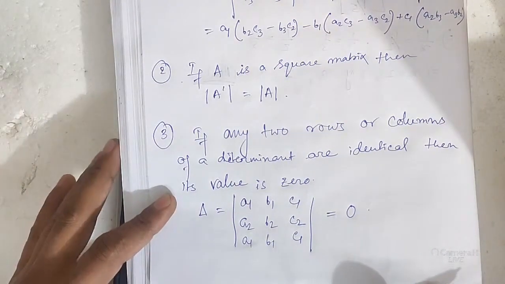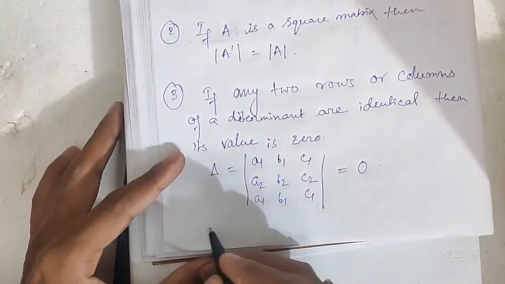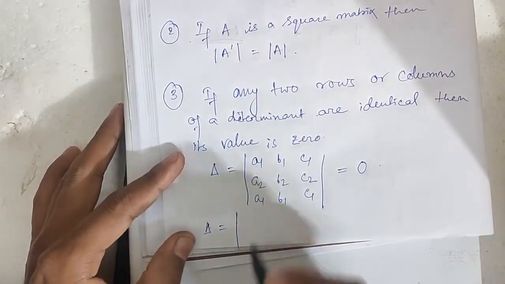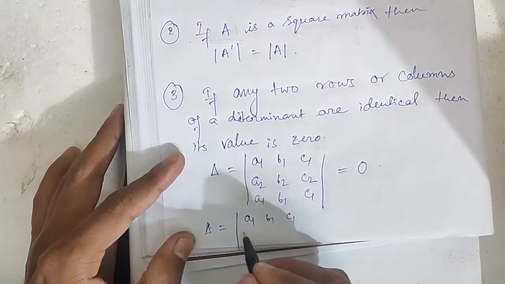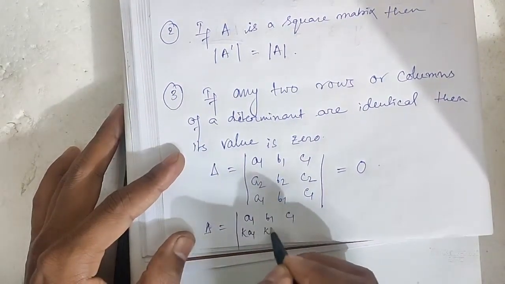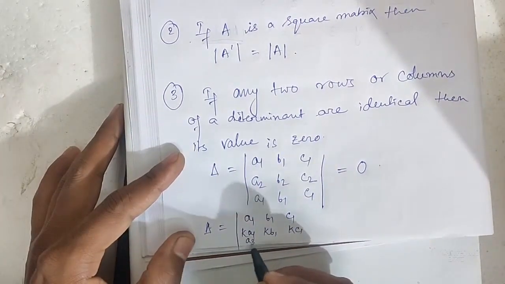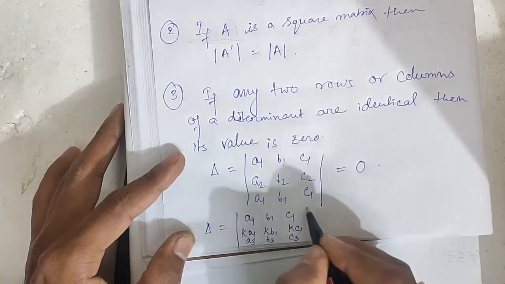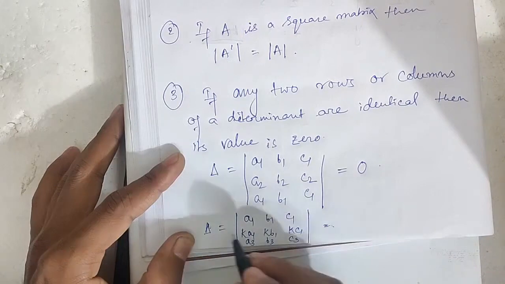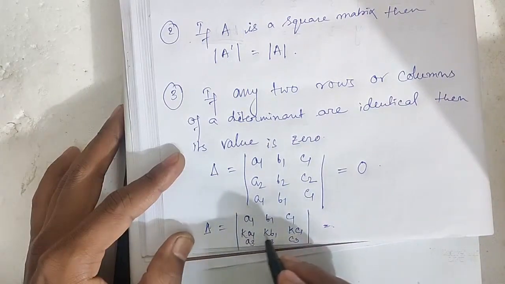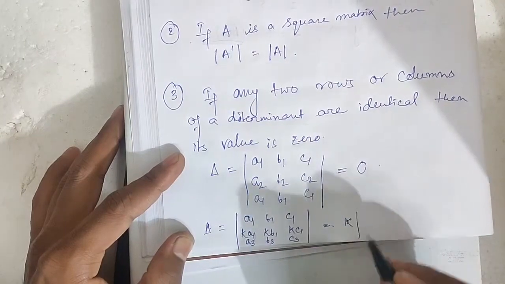Now if I am writing here determinant is equal to a1 b1 c1, k into a1, k into b1, k into c1, a3 b3 c3. Then also we can write k is common. k is multiplied with all the elements of the second row, so k we can take common.